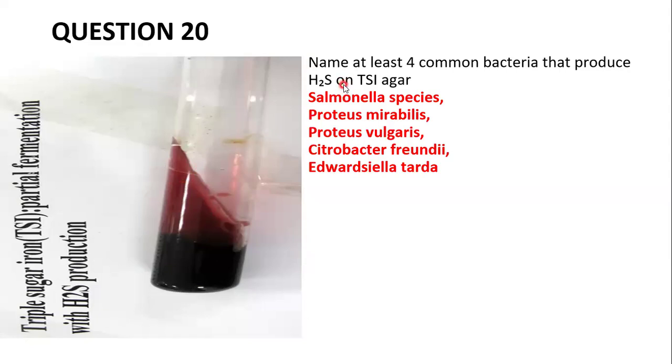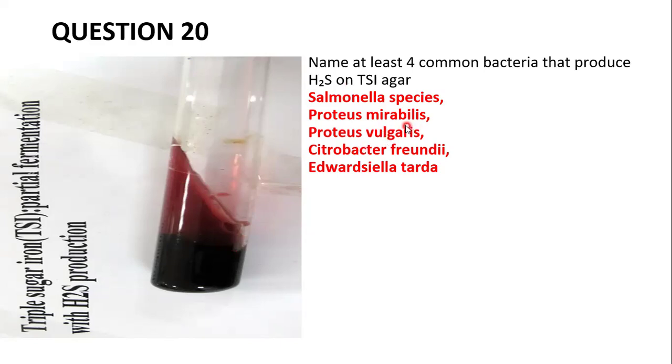So remember, both Salmonella species produce H2S, but typhi produces only a little H2S. So this is most likely Salmonella typhimurium rather than Salmonella typhi.